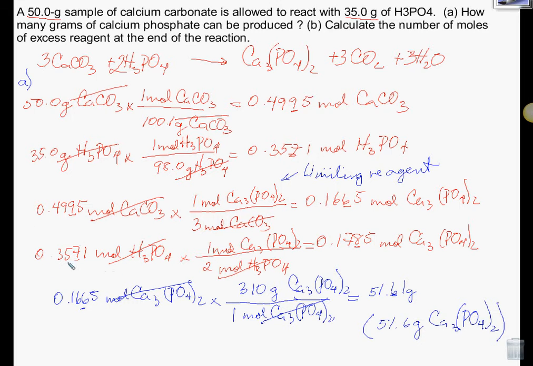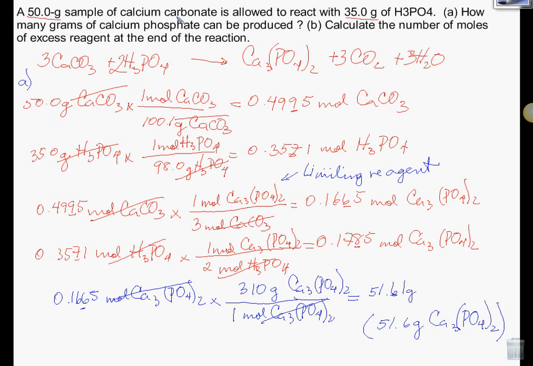Okay, 0.3571 moles of phosphoric acid is what we have. But are we going to use all that? No, we're not going to use all that. Now we need to know how much we're actually going to be using up. So since we're going to be using this amount of calcium carbonate, let's see with what amount of phosphoric acid will this amount of calcium carbonate react.